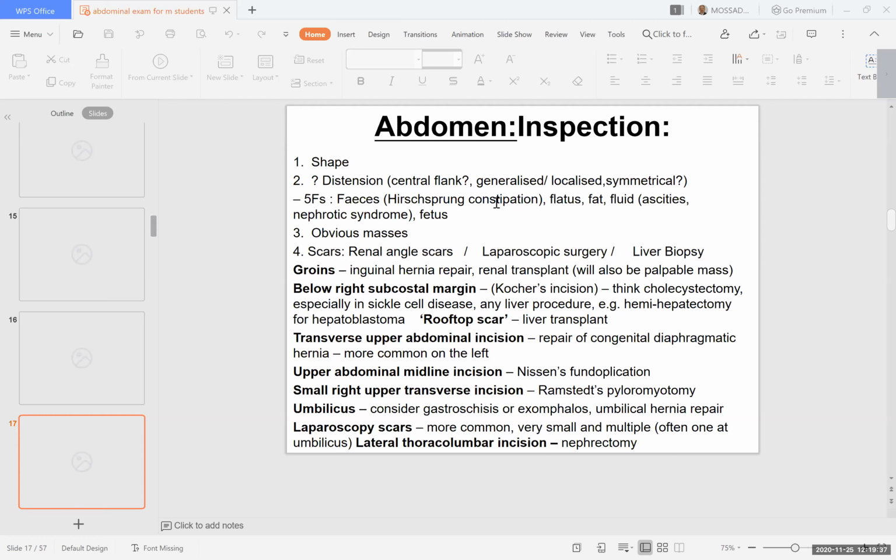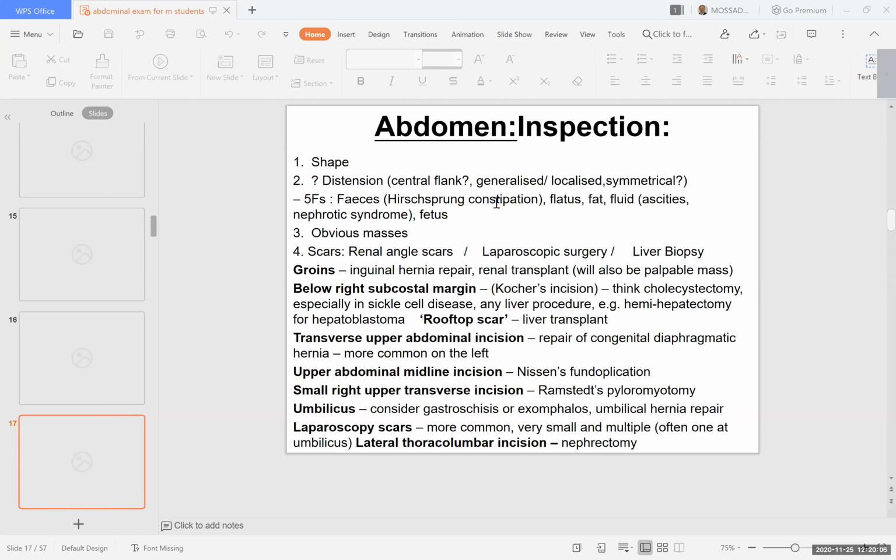If it's below the right subcostal margin, it can be due to past cholecystectomy or hemihepatectomy. And for rooftop scar, it can be due to liver transplant if the patient has past autoimmune liver diseases or hereditary liver diseases and needs a liver transplant.